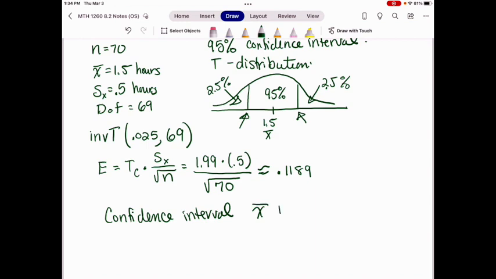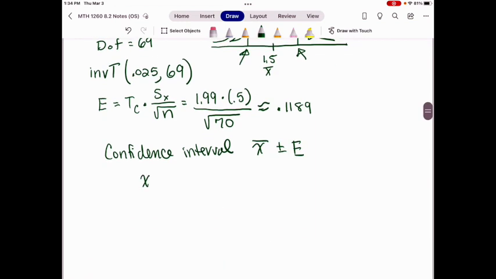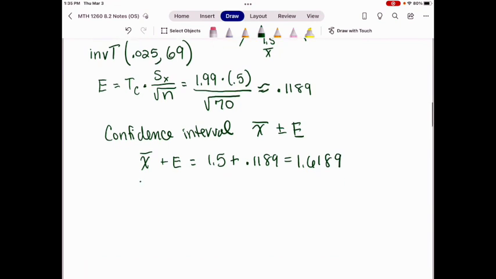So now to find our confidence interval, I'm going to take my point estimate and add and subtract the error. So when I take my point estimate and add the error, that's 1.5 plus the 0.1189. That's going to give me 1.6189.